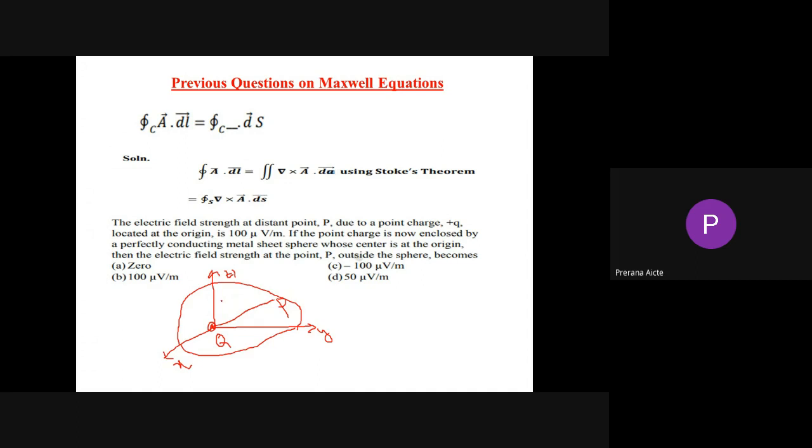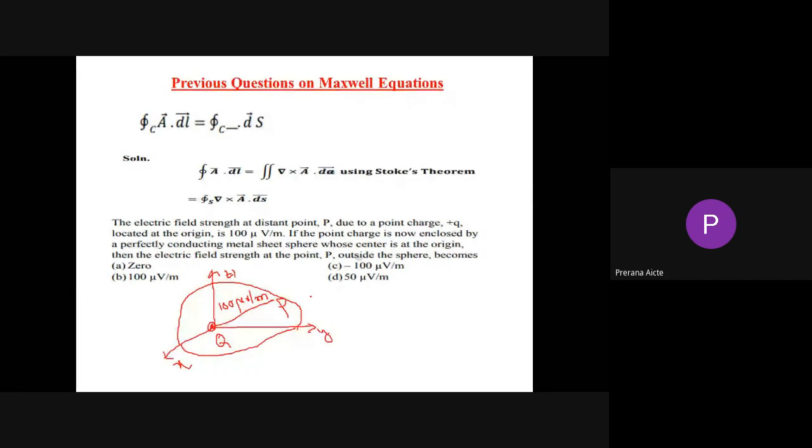Here the electric field is 100 microvolts per meter. Then what is the electric field intensity outside this sphere?